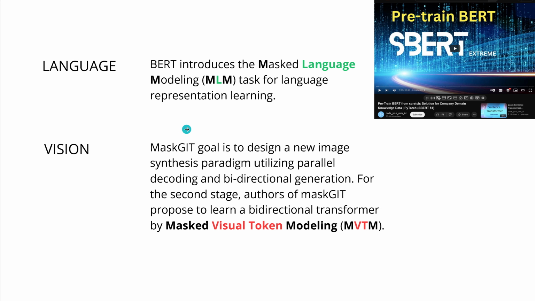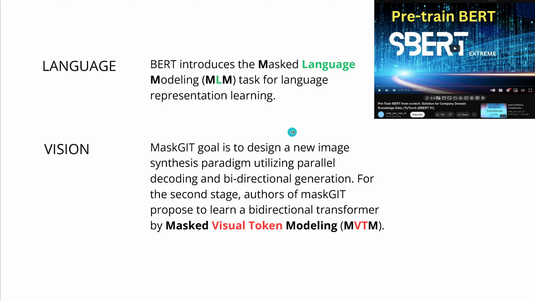Now with the Generative Image Transformer, it's almost the same. Designing a new image synthesis paradigm utilizing parallel decoding and bidirectional generation. For the second stage, the authors of MaskGIT propose to learn a bidirectional transformer, as I just showed you.